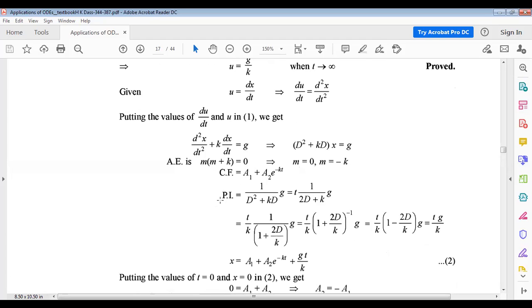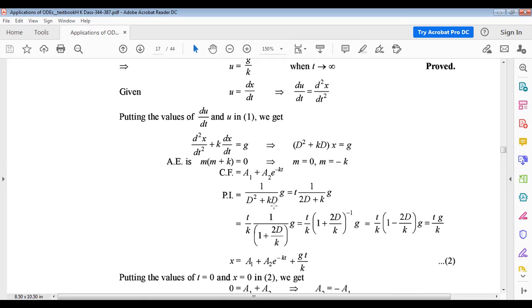Now particular integral, what will be? 1 divided by left hand side. Left hand side means what? Coefficient of dependent variable x multiply right hand side. Right hand side z. So 1 divided by (D square plus kD) into z can be written as t times 1 divided by (2D plus k) into z.